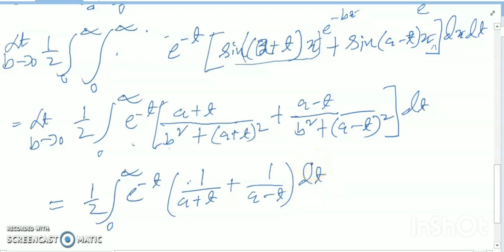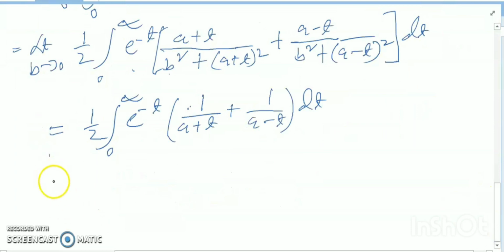So e to the power minus t over t. I can write this equation in this way, that half, and a plus t is equal to u.